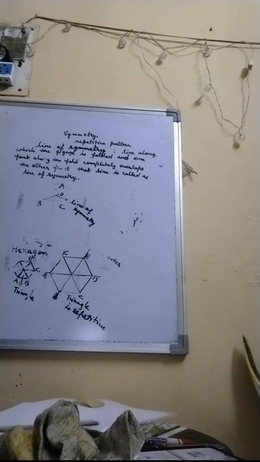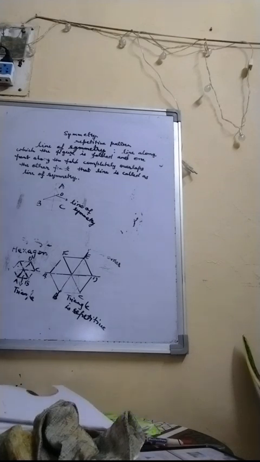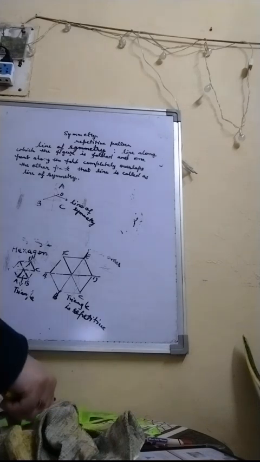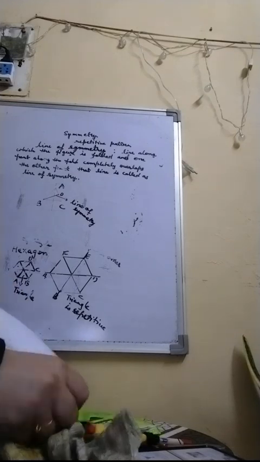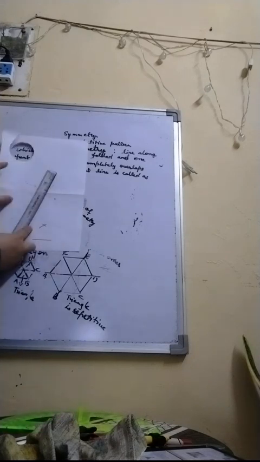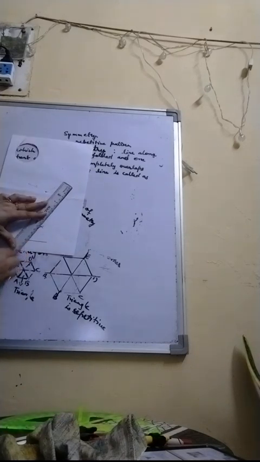So let me quickly show you on a piece of paper how this works. This is the piece of paper I have taken, and I am drawing the triangle.